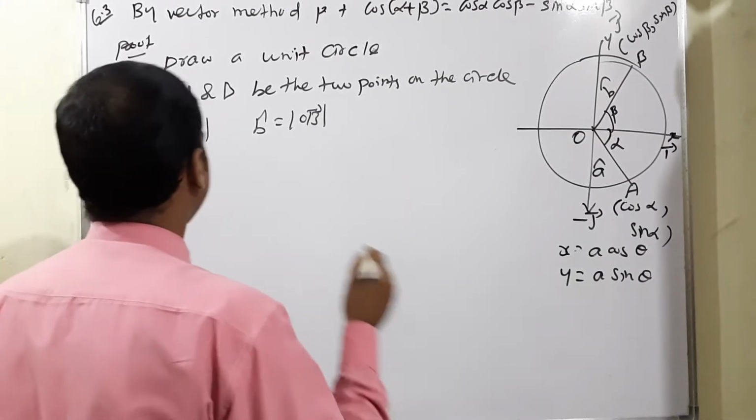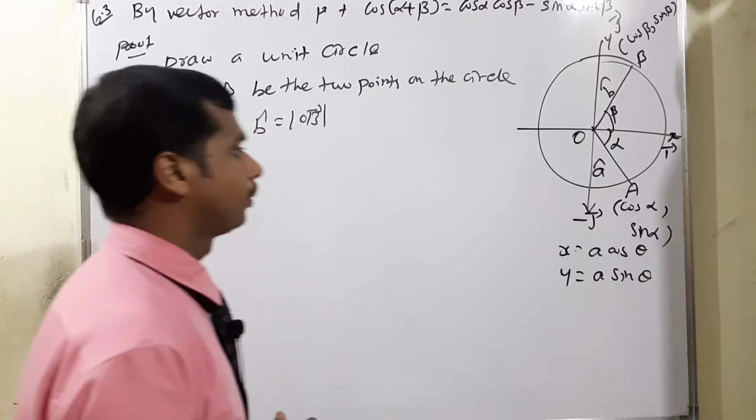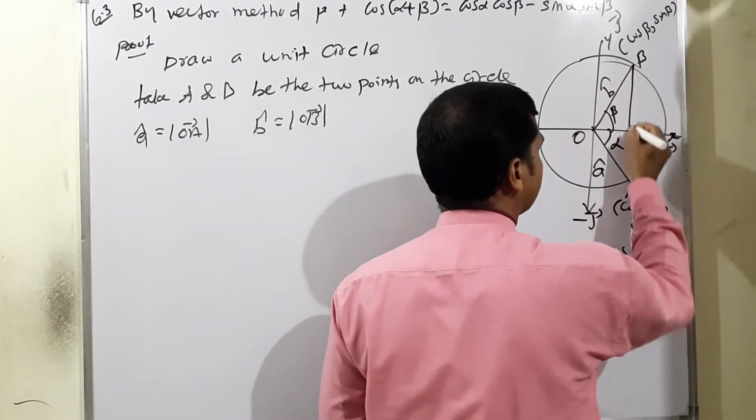So now after getting A cap and B cap, what do we have to do? Just join these lines.